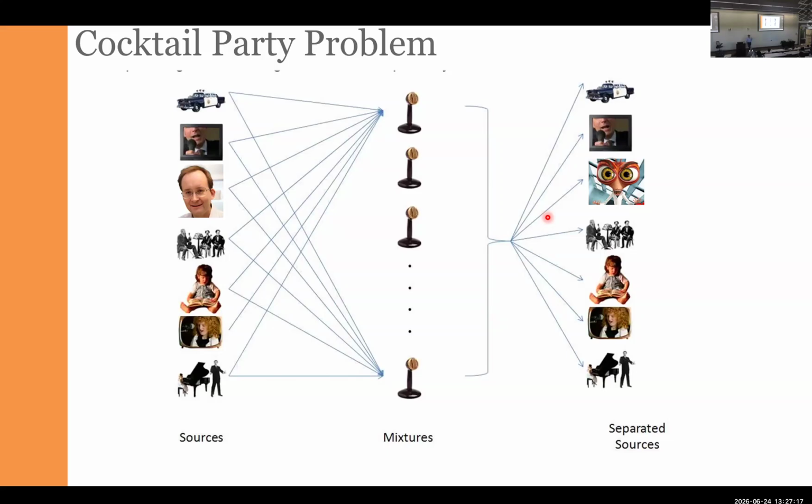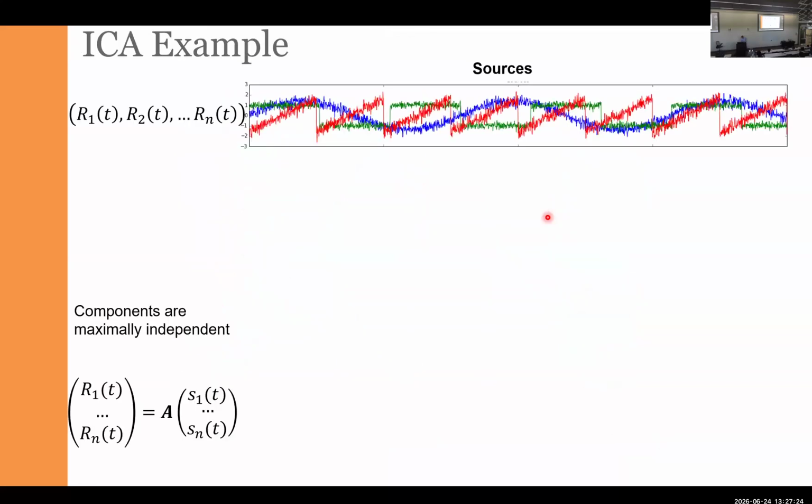This is what is called the cocktail party problem. That's what ICA does remarkably well. So for example, imagine that I create an example where I have three data streams. One is red, the triangular wave, one is blue, the sine wave, one is green, the square wave.